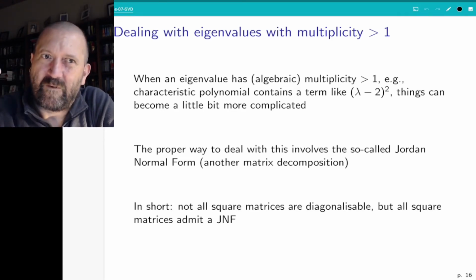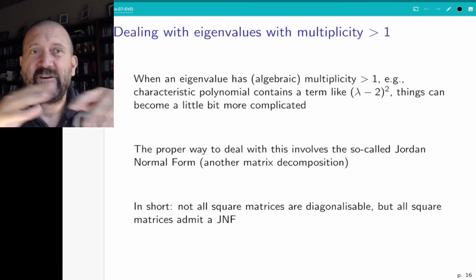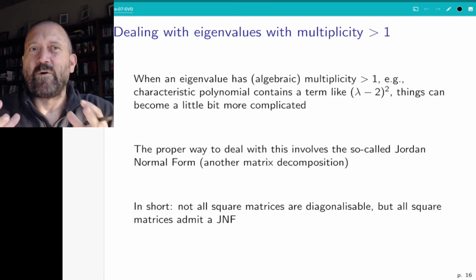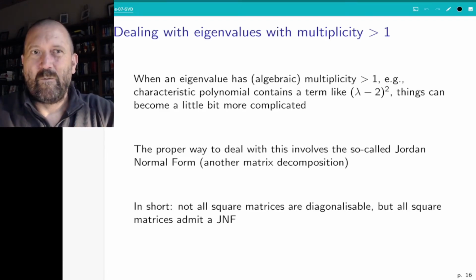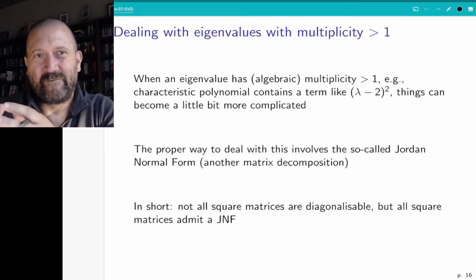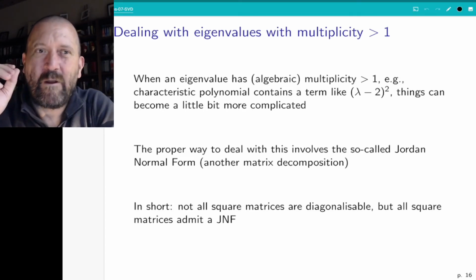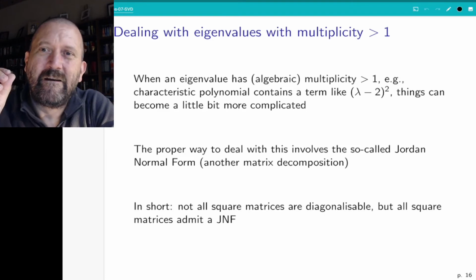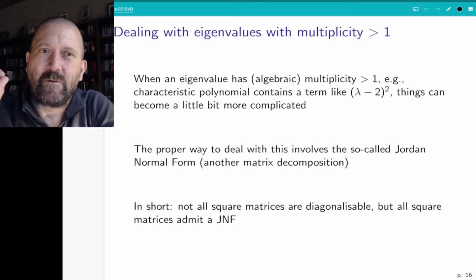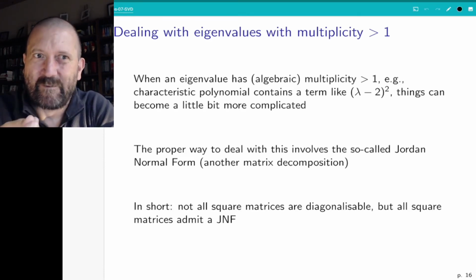If you take a more advanced course, there are two properties of eigenvalues. One of them is what's called the algebraic multiplicity of an eigenvalue, and that is the degree that it comes with in the polynomial. You remember when you're computing eigenvalues, you compute the characteristic polynomial.